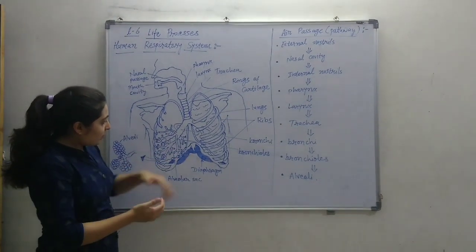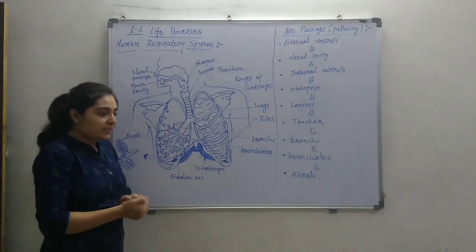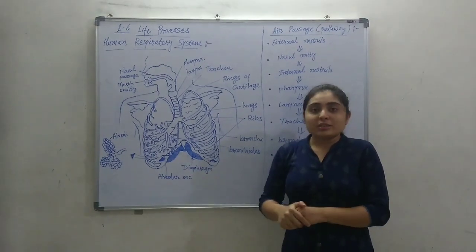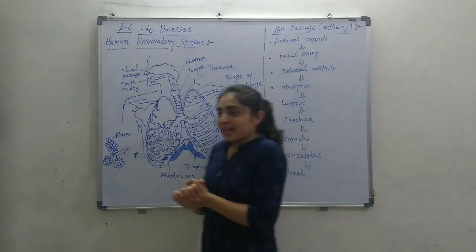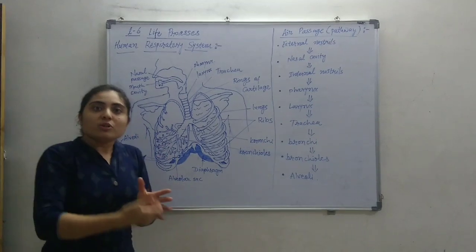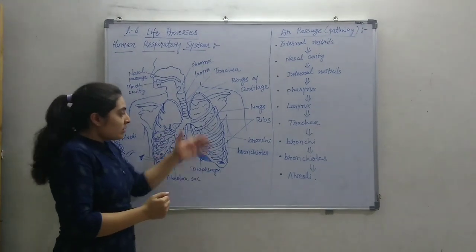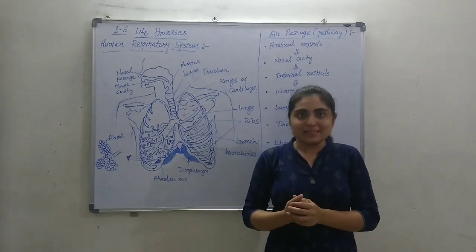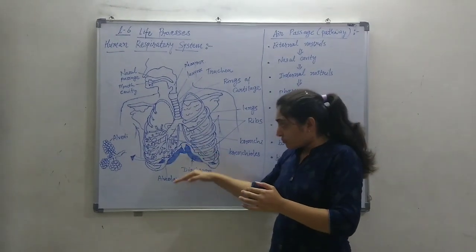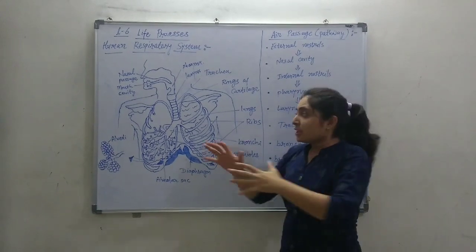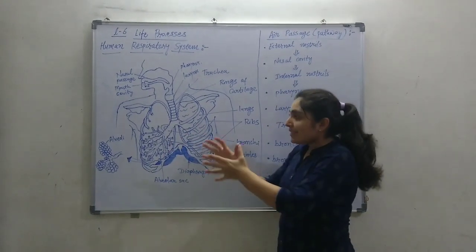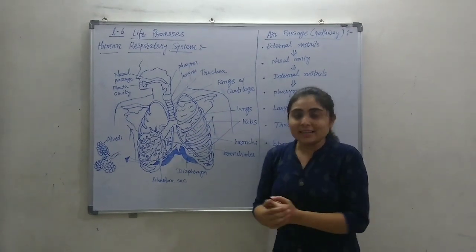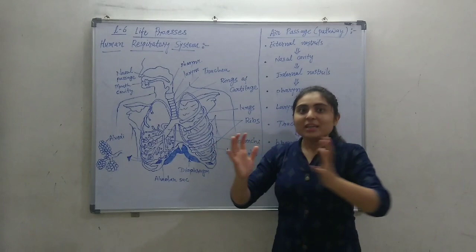At the end, the diaphragm is present. The diaphragm is a membrane-like structure. The upward and downward motion of the diaphragm helps in the breathing process, that is, inhalation and exhalation. As the diaphragm moves downward, the thoracic cage, this rib structure, will be expanded.